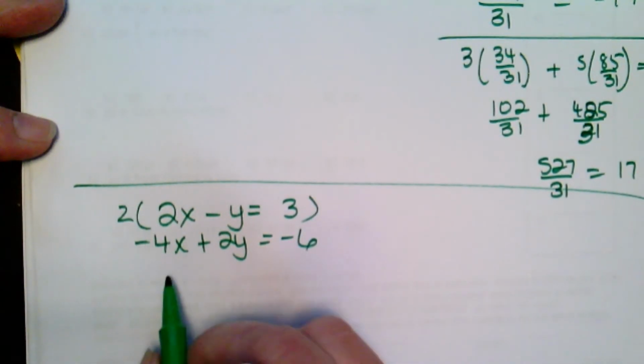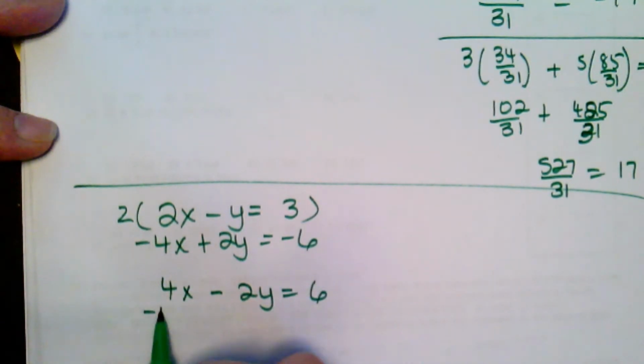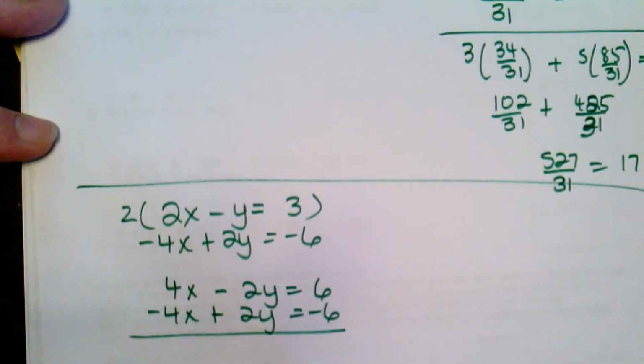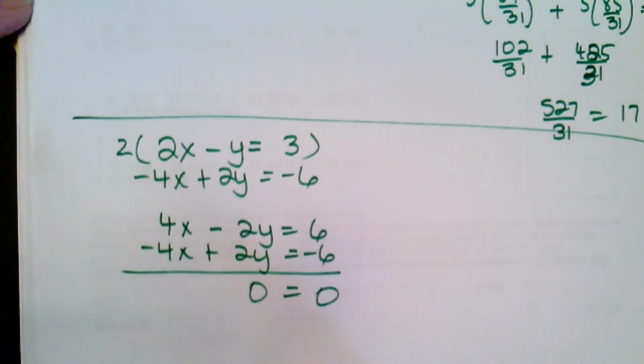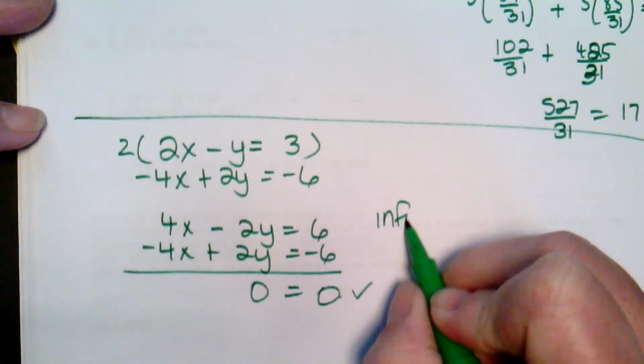I can times this one by 2. I didn't touch the bottom one. When I subtract these, gone, gone, so there's nothing on that side, and there's nothing on that side. So if everything doesn't cancel out, just remember what is left needs to be true. Well, 0 does equal 0, so this is infinite solutions.